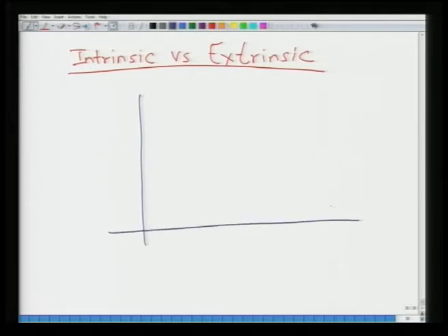When you plot log sigma versus 1 by T, you will again have, of course, if I plot both of them separately, this will be your intrinsic part and this will be your extrinsic part, and overall behavior would be like this.